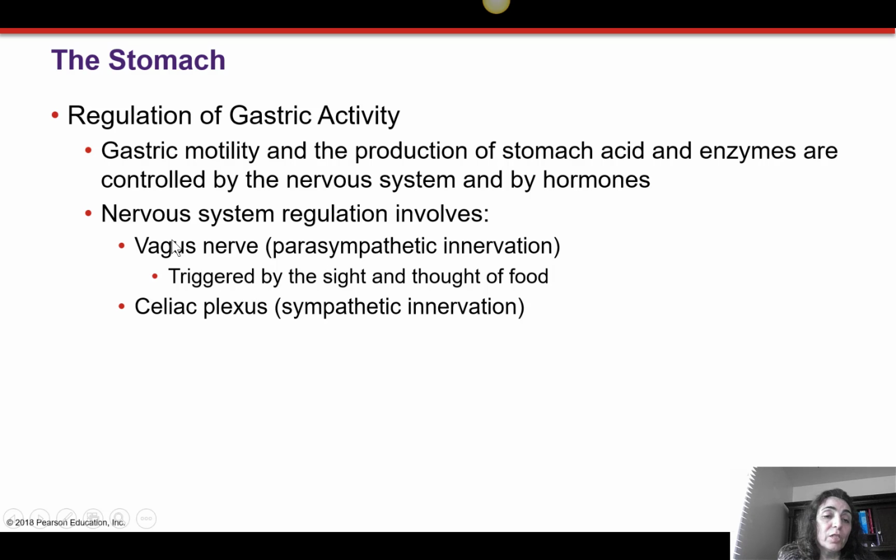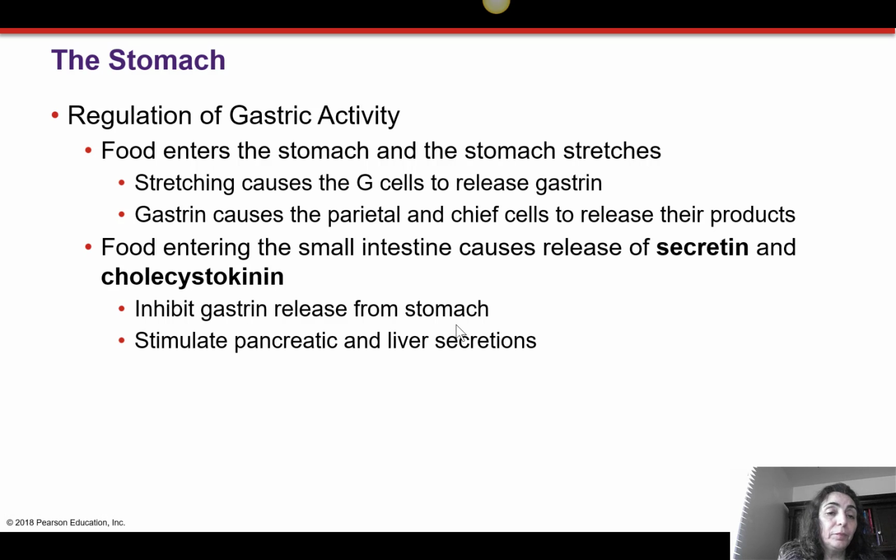So the vagus nerves start activity just from seeing, thought, or even smell. Then we have the celiac plexus that brings the sympathetic innervation to the stomach.